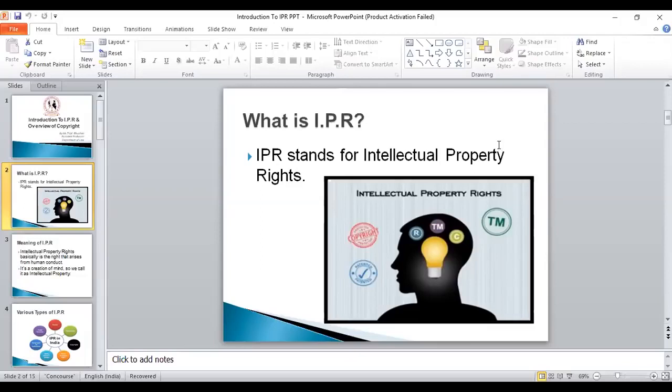In the same way, movable property is any property that can be shifted from one place to another. Suppose this person is standing over here, he could simply move to this place by walking. If I pick up a book from my desk, I can keep it in some other place. So the book is a movable property, right?